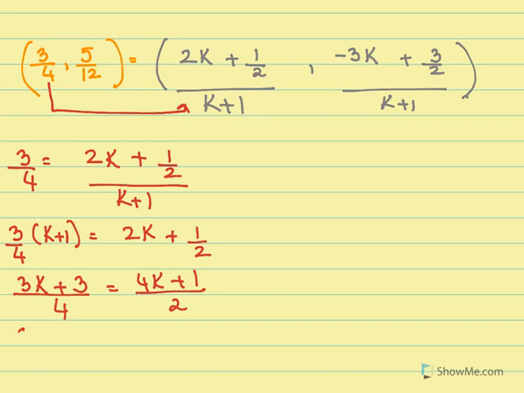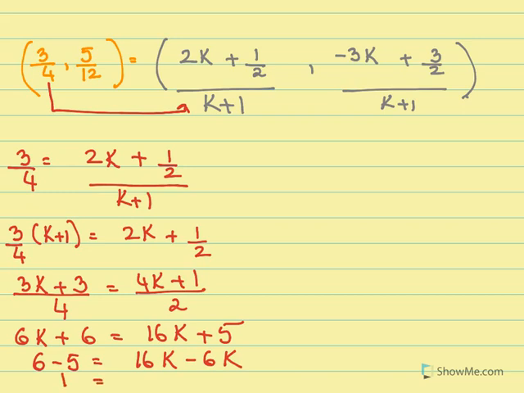Again, when we cross multiply, I get 6k + 6 equal to 16k + 5. So I get 6 - 5 equal to 16k - 6k. So 1 equals 10k. So we got k equal to 1/10. So the ratio is 1:10.